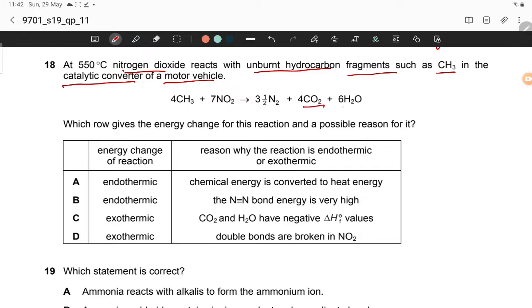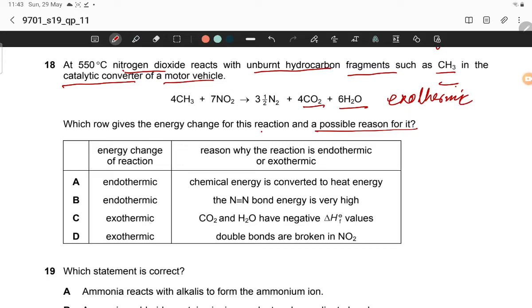Carbon dioxide and water are produced, so the reaction is exothermic.